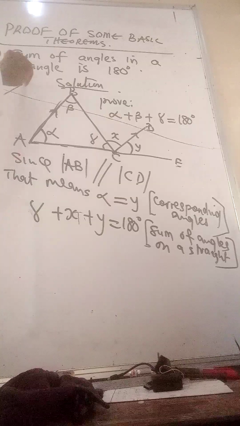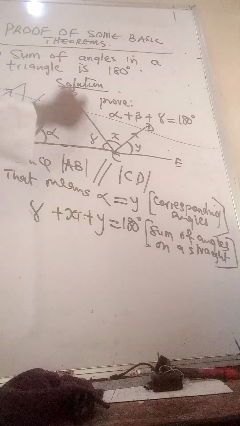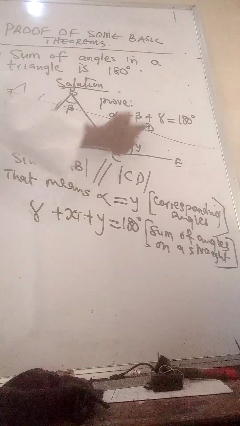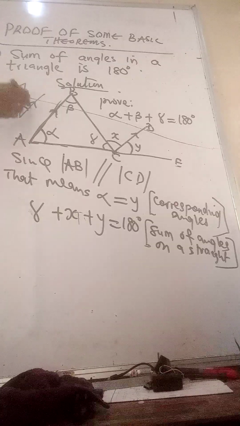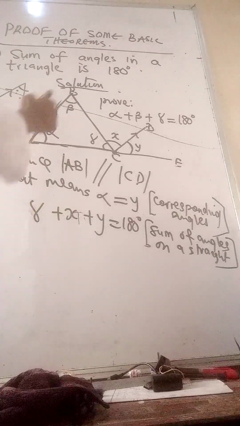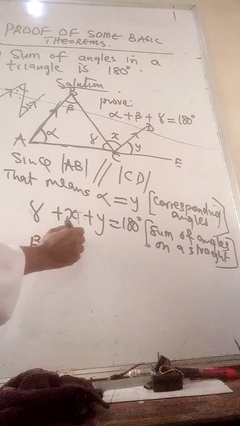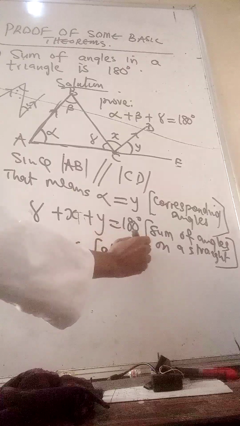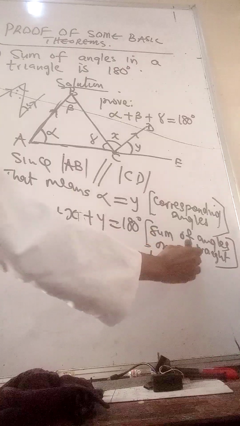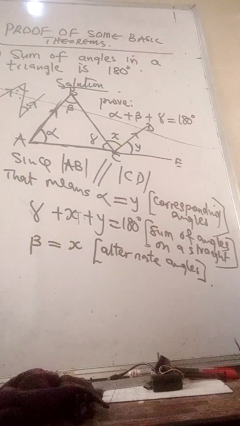That means there is a Z shape formed between the two parallel lines, and when you have a Z shape, you have what you call alternate angles. These two angles are alternate and they are equal. That means we can say that angle beta is equal to angle X. Reason: alternate angles.